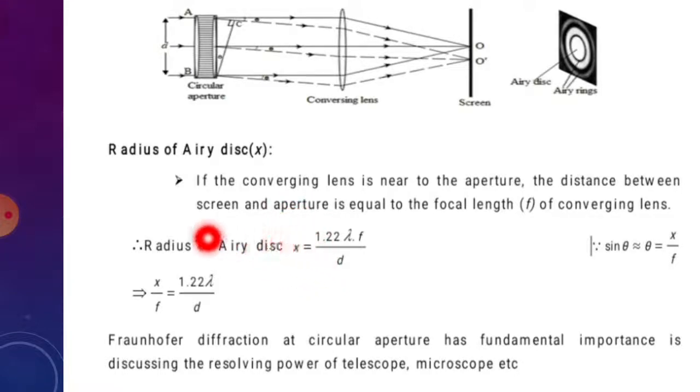So this is about the radius of Airy disk, which gives the angular separation between the center of Airy disk to first minima, known as the limit of resolution. And this Fraunhofer diffraction at circular aperture has fundamental importance in discussing the resolving power of telescope and microscope, etc. So this is the complete detailed explanation about Fraunhofer diffraction at circular aperture.